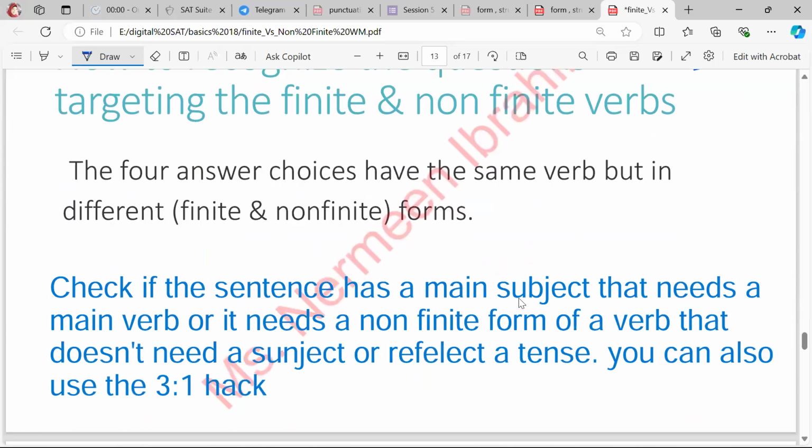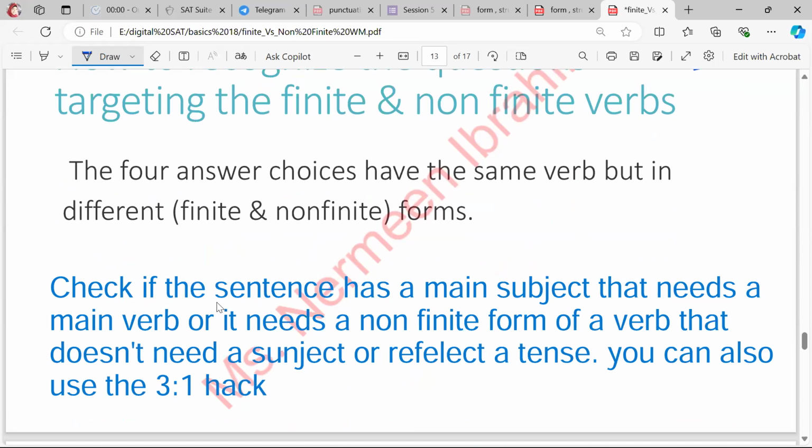Check if the sentence has a main subject that needs a main verb, or needs a non-finite form of a verb that doesn't need a subject or reflect a tense. So you can use the 3 to 1 hack.